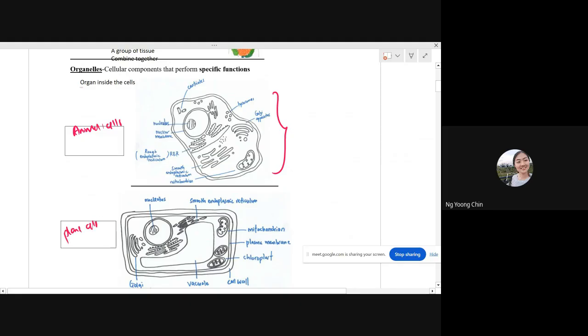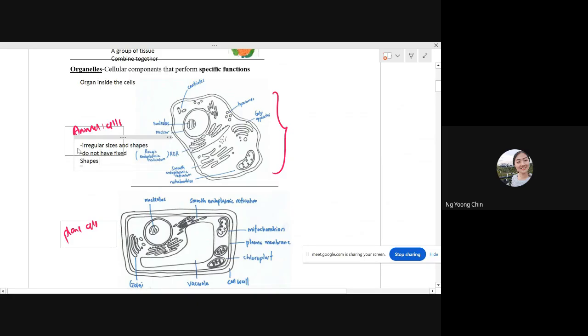The reason this cell is classified as an animal cell is that it does not have a fixed shape. It is comprised of irregular size and shape.